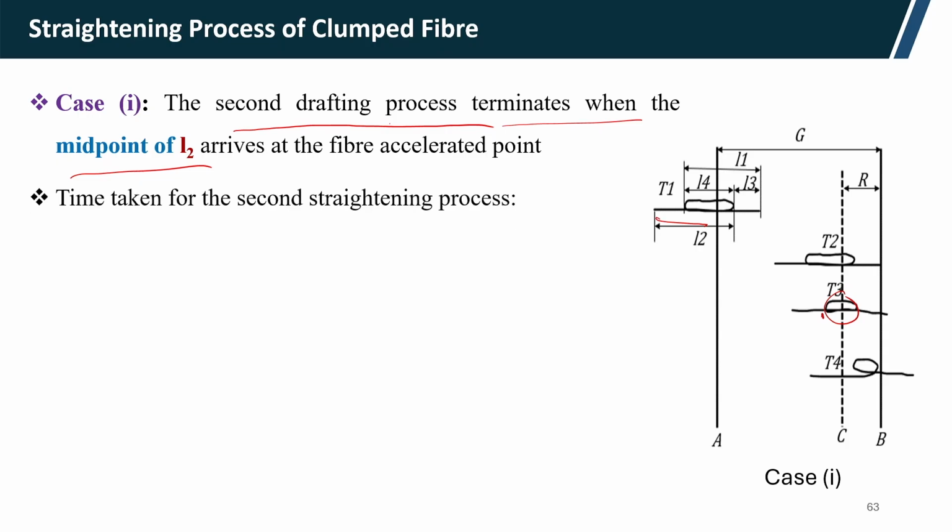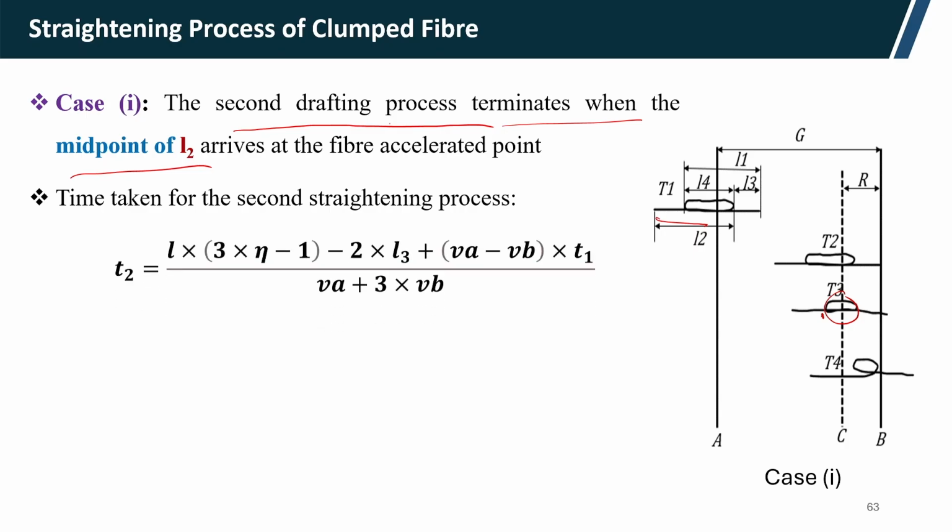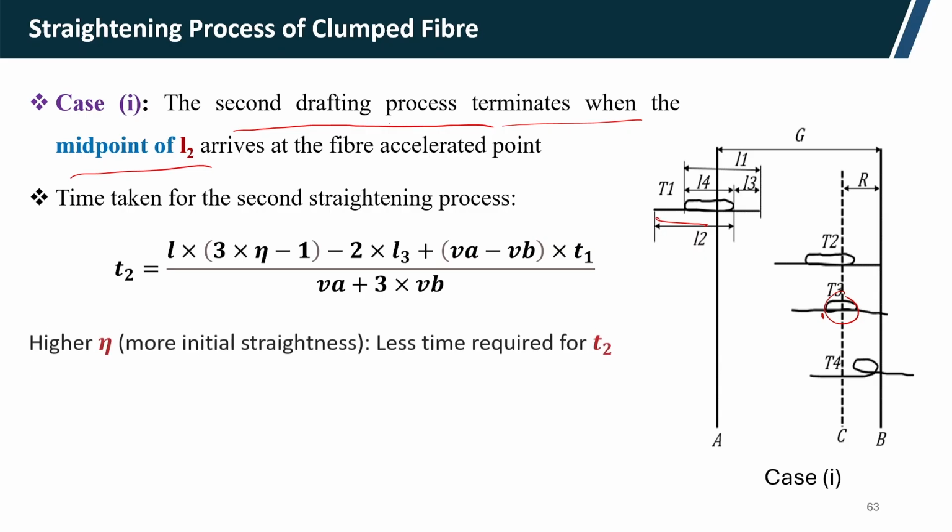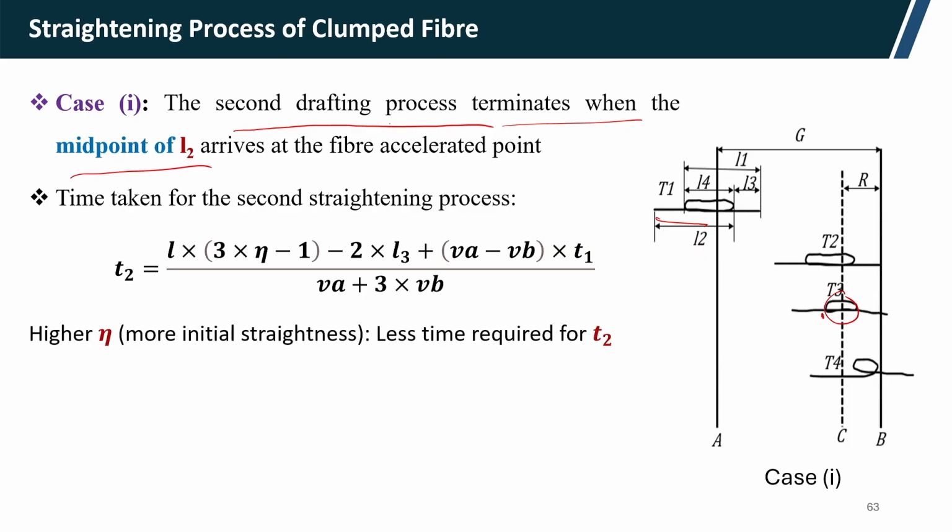Time taken for the second straightening process is given by this complex relationship, where eta is the initial fibre straightness, which means less time is required for T2.